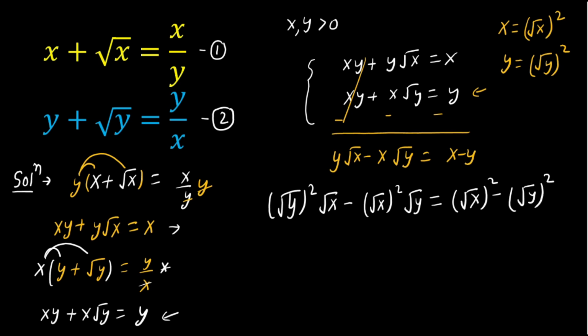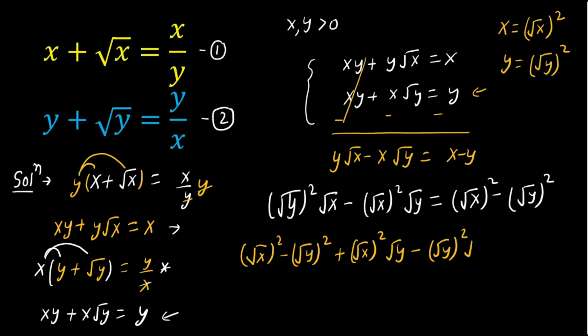Now if we take all the expressions to the same side, then square root of x whole square minus square root of y whole square plus square root of x whole square times square root of y minus square root of y whole square times square root of x equals 0.